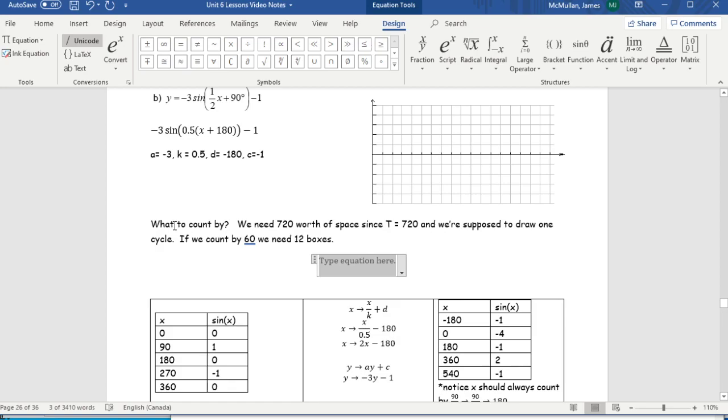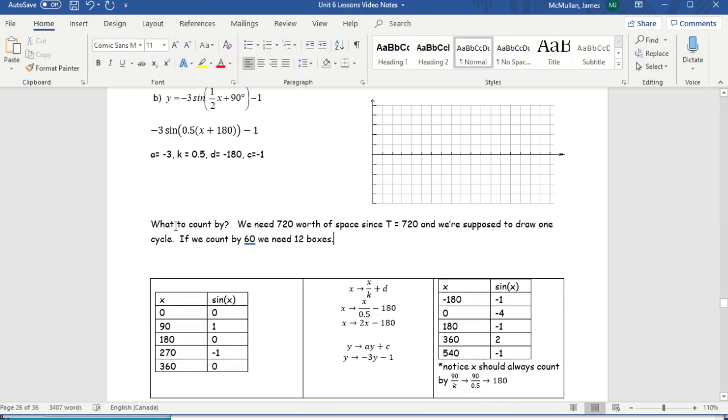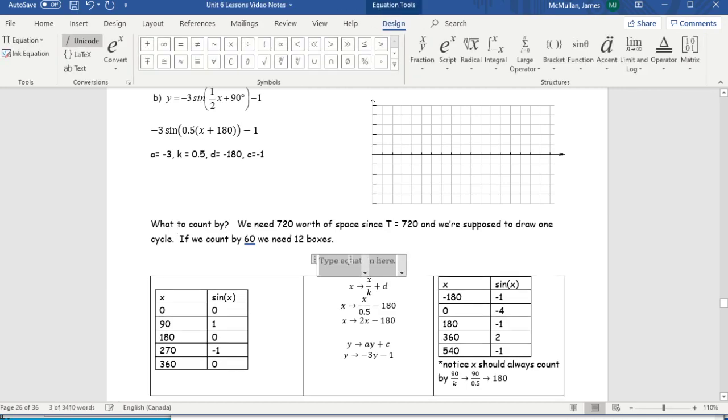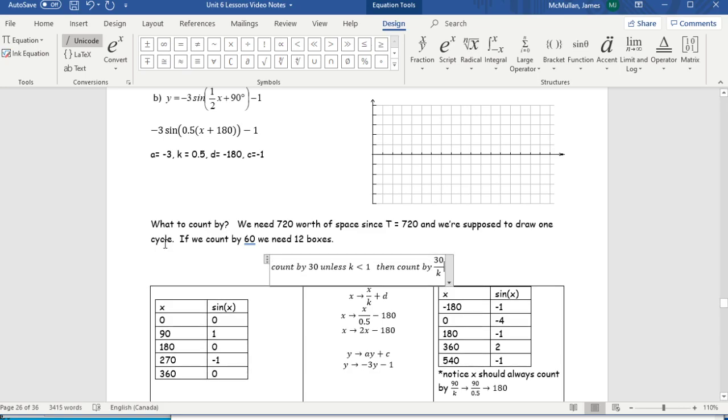See, I'm not sure what a good way to do this is. Let me come back to you with that. For now, let's say, count by 30 unless k is less than 1. Then count by 30 over k. But even this is kind of bad advice.